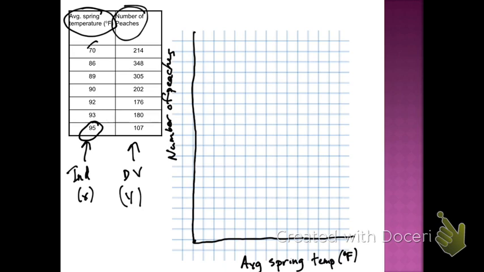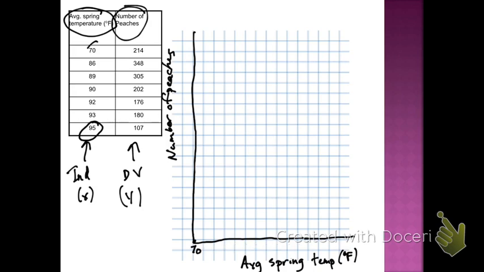So what we can do is, since the temperature doesn't go all the way down to 0, you can actually start at whatever number you choose. So I'm going to actually start at 70. I'm going to make the first number 70, and I think I can go by twos.